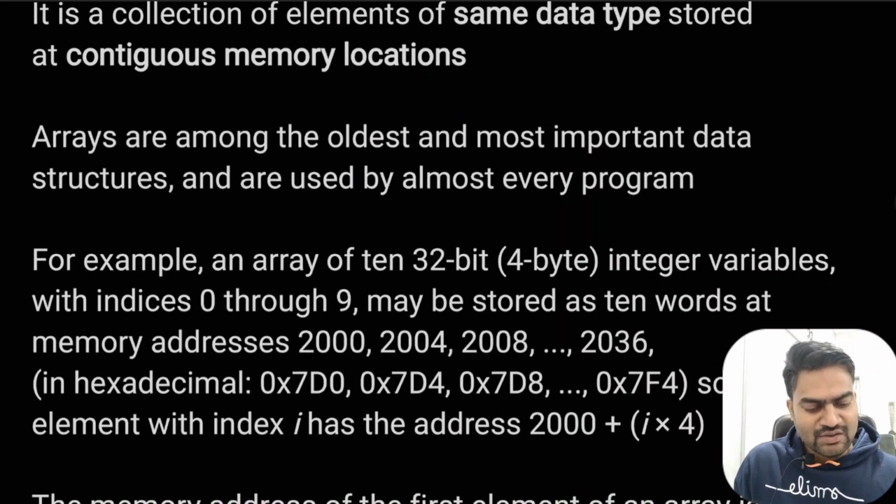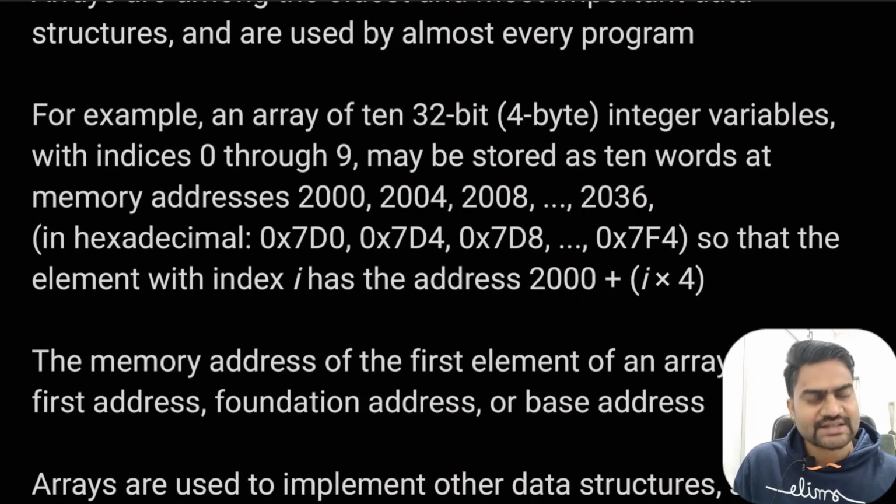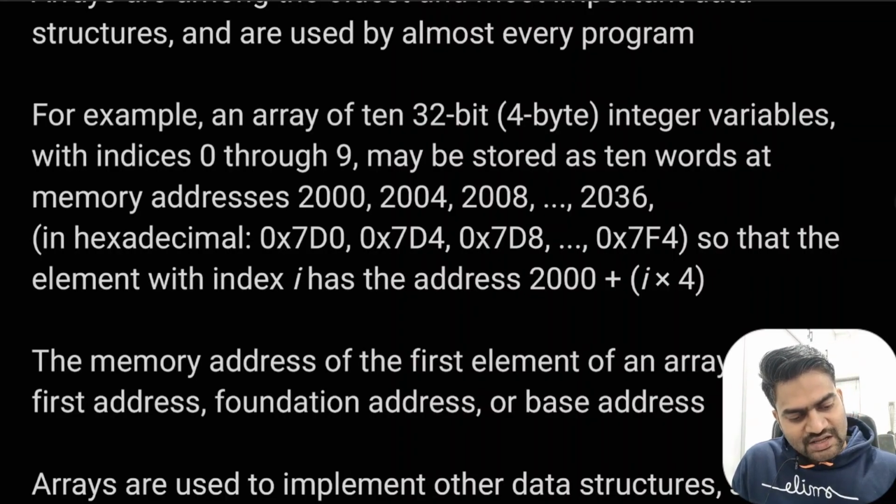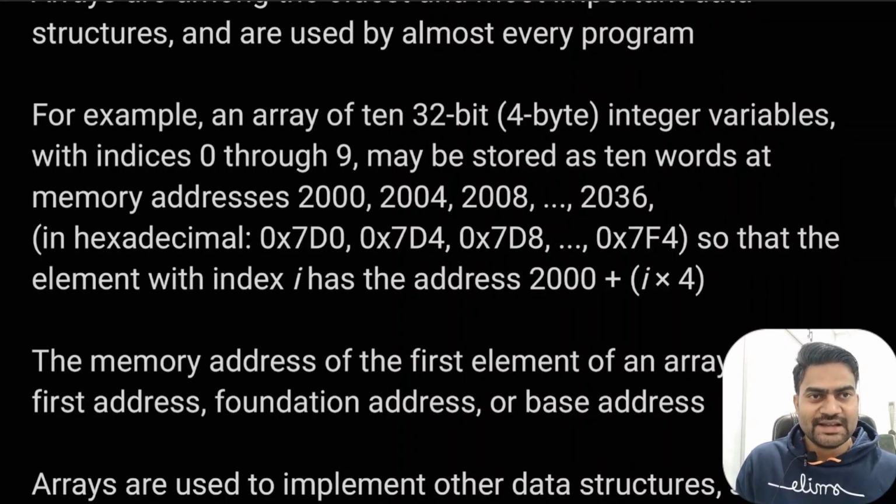Correct, right? Now, arrays are among the oldest and most important data structures, and they are used by almost all programming languages. You consider any programming language, and you will hear the concept of arrays in all of them. Now, let us try to understand arrays with an example. Assume we have 10 32-bit integer variables with indices 0 through 9, stored as 10 words.